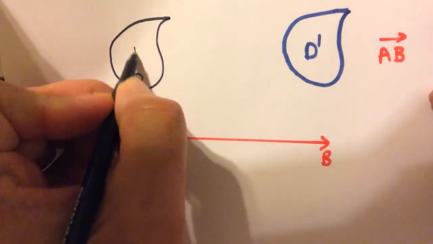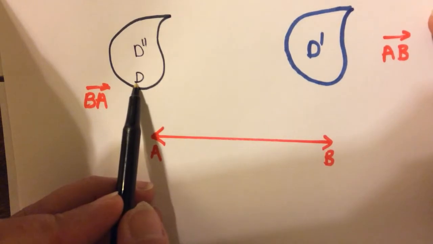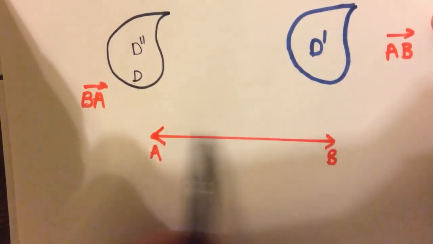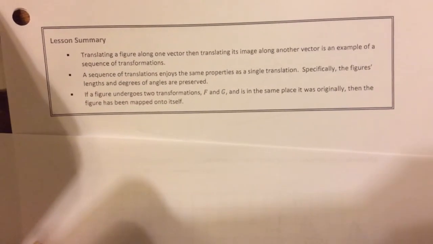And actually we should have labeled this D double prime, which is the same as the original figure, because we went from A to B and then we went B to A and it took us right back. Okay. And the language we use for that is that the figure has been mapped onto itself.